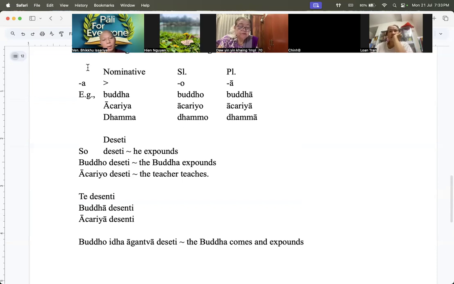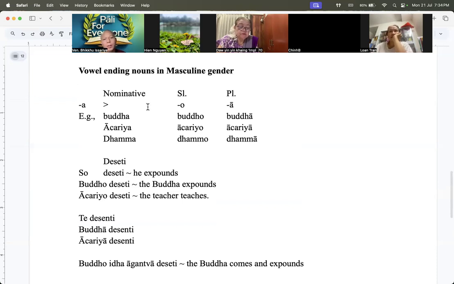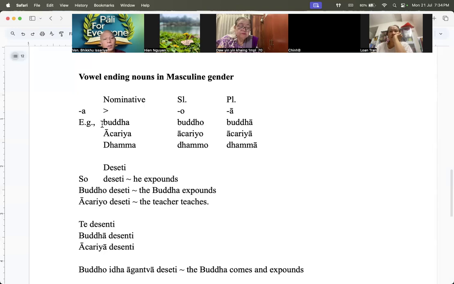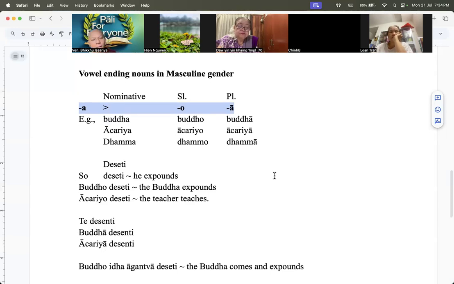So here for the noun changing, noun declension: Buddha, or those nouns ended in the R. In this way changing, you can see. So that is for the up.